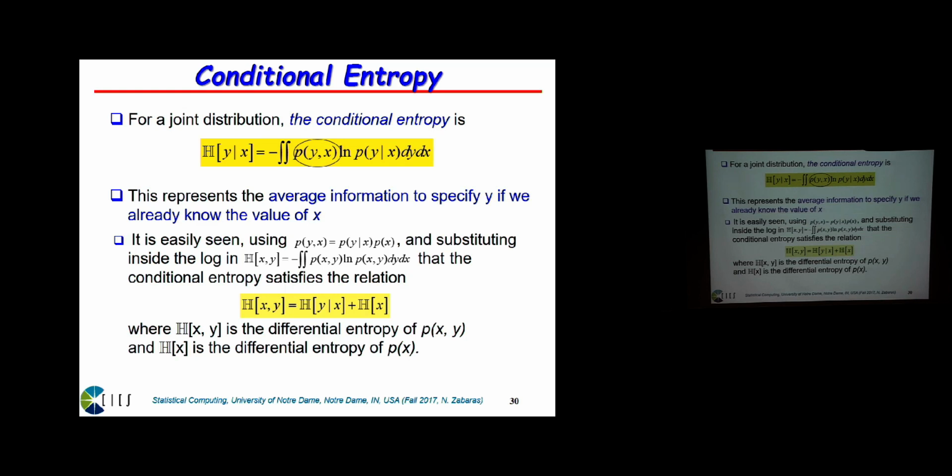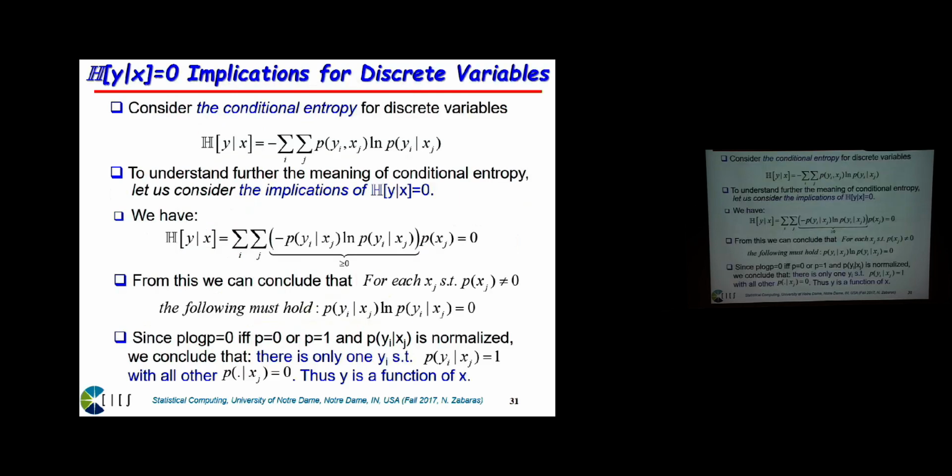You say if I knew x, what information y brings, that's this entropy. And of course, because you don't know x, on the left side, you say plus the entropy of x. Okay? And of course, you can write this symmetrically as the entropy of x given y plus the entropy of y. There is a very nice proof that I'm giving you here.